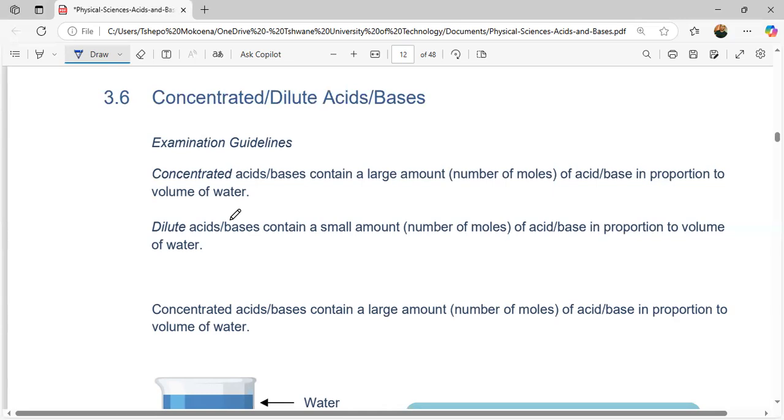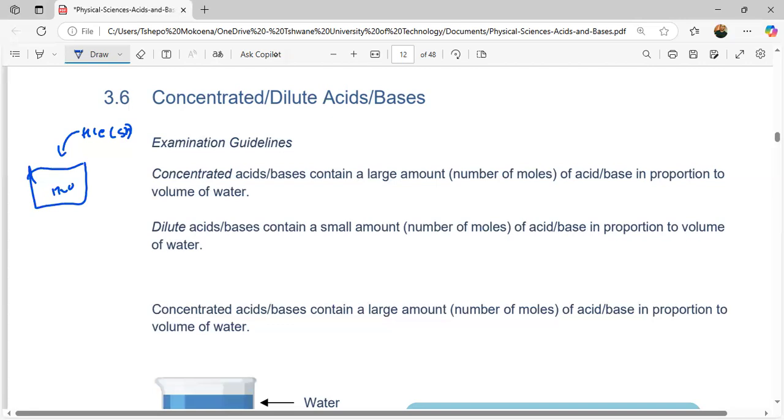The only thing that's going to change is the concentration. Take your beaker, inside of your beaker you have water, you add hydrochloric acid. Hydrochloric acid is a strong acid. You put it inside of your beaker that has water. What's going to happen? Ionization, right?